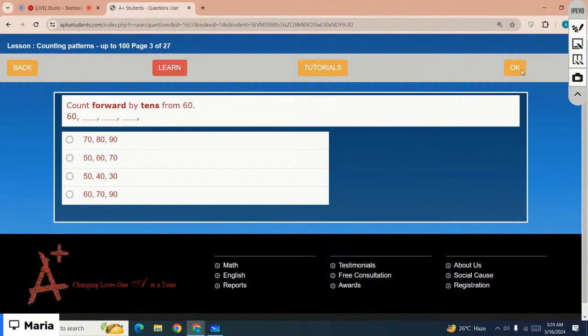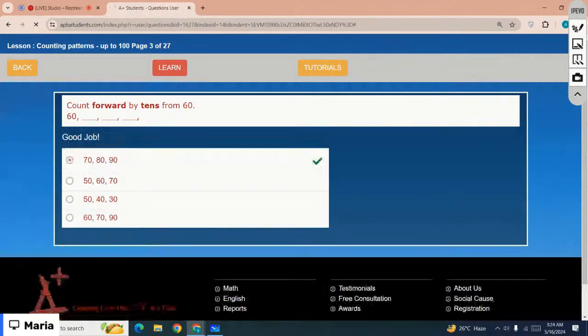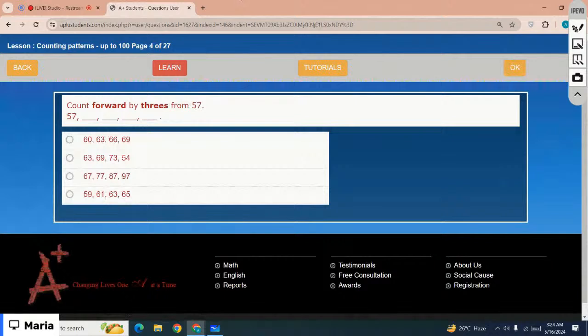The correct option is option number 1, that is 70, 80, and 90. Count forward by threes from 57.